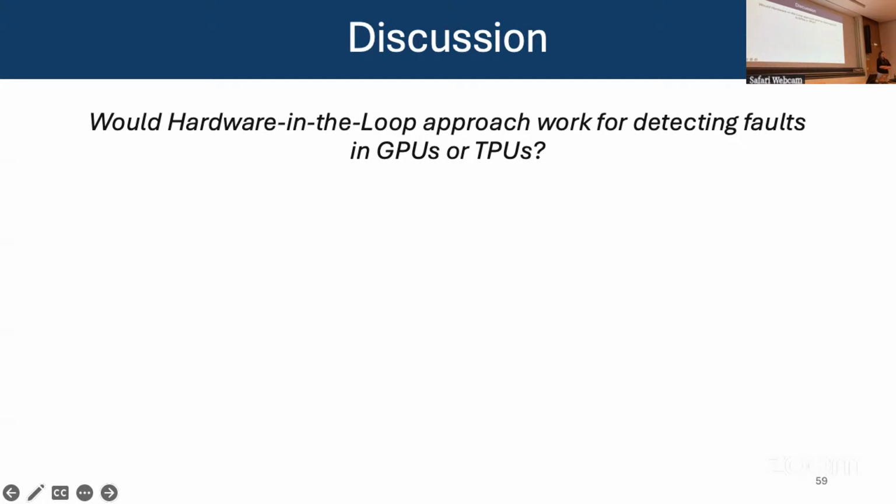Assuming that you have a schematic or design of the GPU or TPU that you're testing, it would be difficult to get one of those, but that's a separate problem. But I think it would probably be a bit more difficult to actually act on those results, simply because you probably still have to do some communication with the CPU, but I don't see why it wouldn't work.